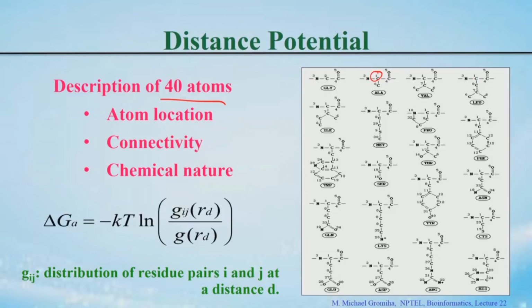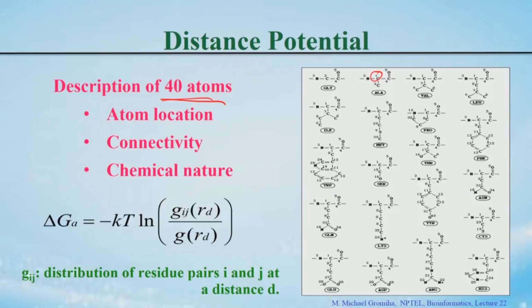Likewise, if we have different types of atoms, we treat them separately. So, we made different types of atoms based on location, connectivity and chemical nature. So, what is the chemical nature? Where this atom is located and where it is connected. So, we have the 40 different atom types.